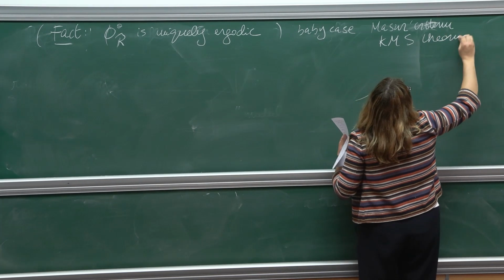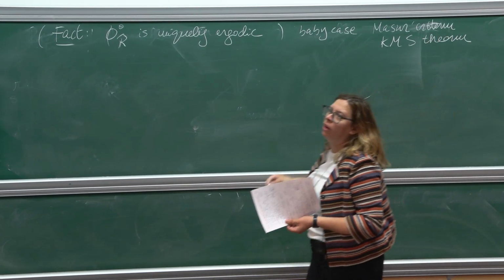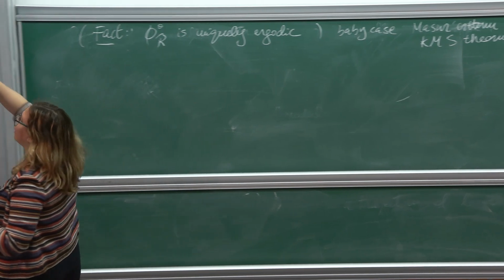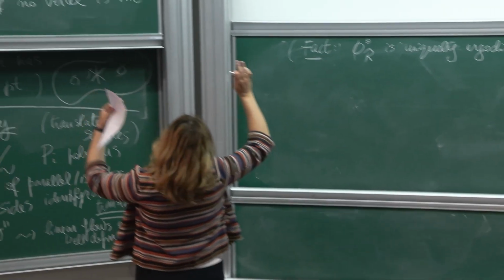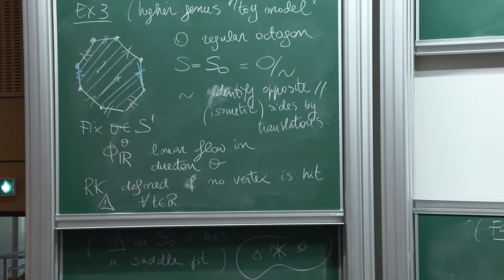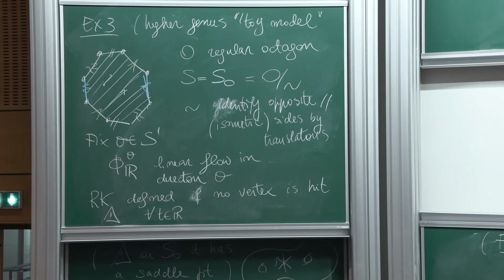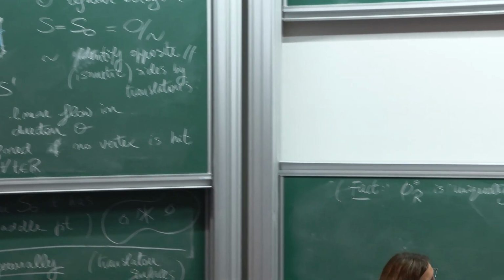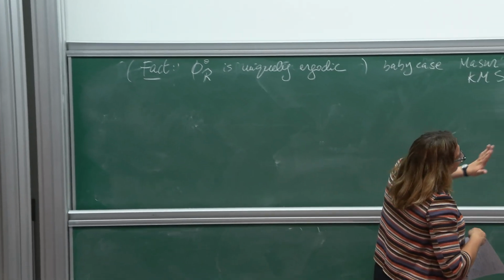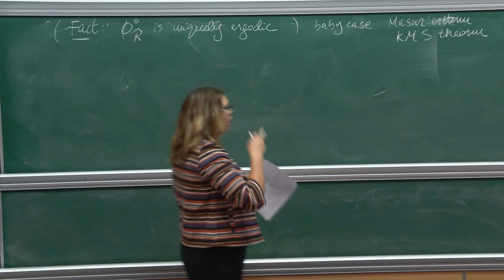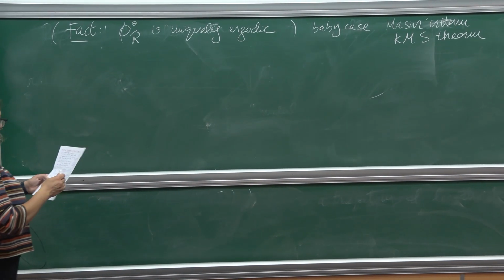Essentially, for almost every polygon, almost every direction, the linear flow is uniquely ergodic. Renormalization can also be used to prove unique ergodicity, but I want to focus on deviations of ergodic averages.